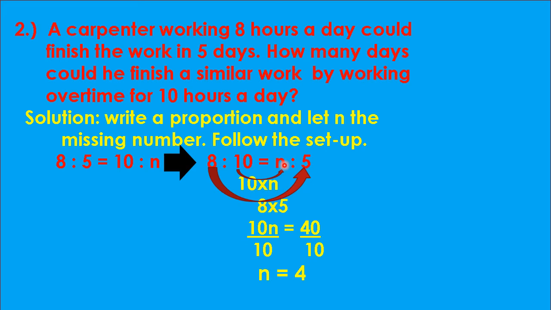Now we are going to cancel 10 and the other 10, so the remaining in the left side is n. Then in the right side we are going to divide 40 divided by 10. The answer is 4. So n is equal to 4.